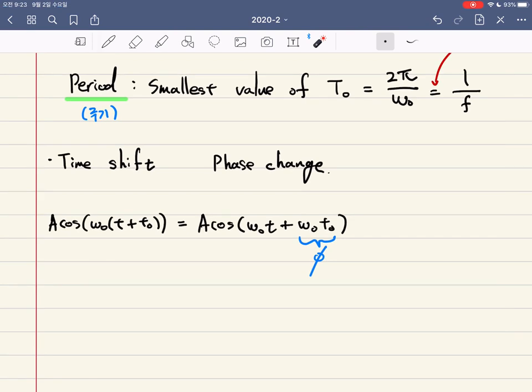And there is no restriction about defining this whole thing as phi. Therefore, time shift means phase change. You can interpret that as a phase change.